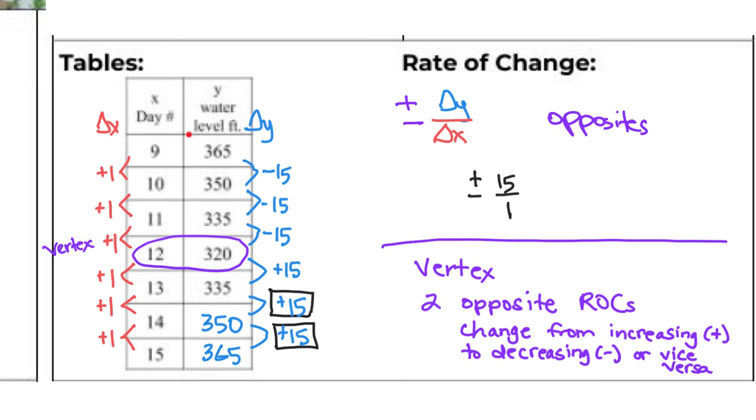So in talking about key characteristics of our table, it's always going to have a vertex, and it's going to have two opposite rates of change. So we have negative 15 going to positive 15. That is just to say that there's a change, that rate of change changes from increasing to decreasing, or vice versa.